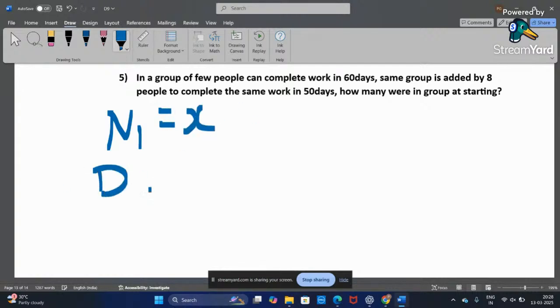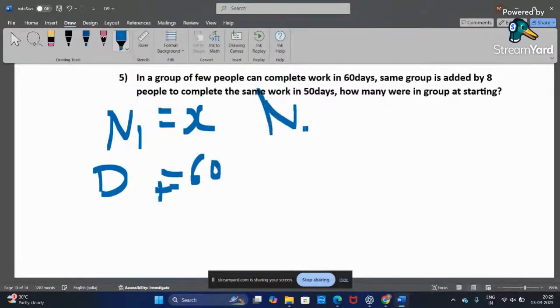And D1 as 60. Any doubt why it is X and 60? Because here N1 is not given, so it is X, and D1 is 60.